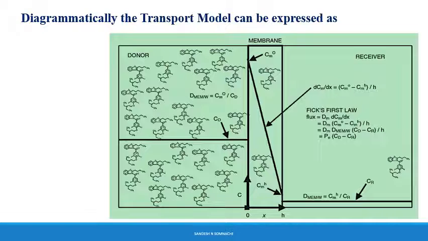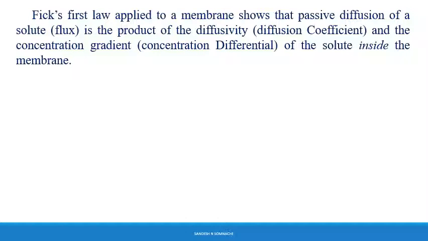Now when we apply Fick's first law to the diffusion of drug across the biological membrane, it shows that the passive diffusion of solute, that is flux, is a product of diffusivity, that is the diffusion coefficient at the membrane, at steady state.